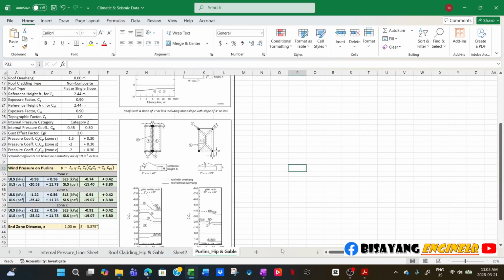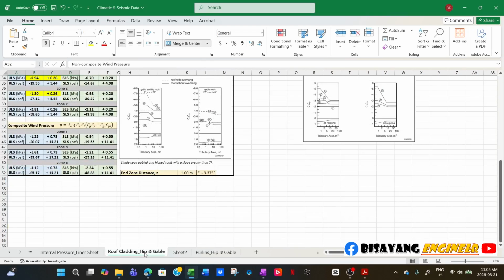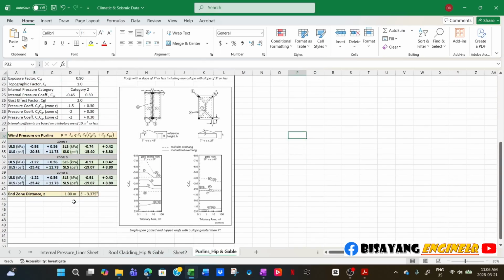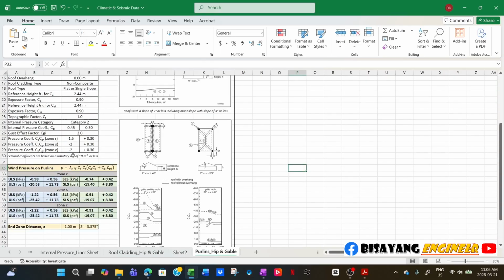This one here. So on zone R, 0.98, and then the only difference here is for purlins, the assumed tributary is 10 square meters.